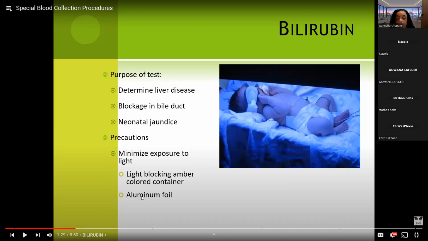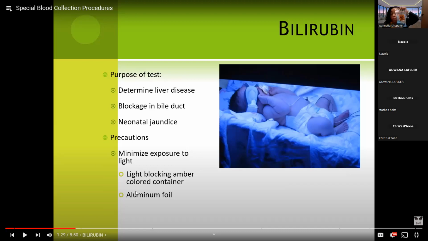It does say most people can protect it by wrapping it up in aluminum foil, but that's more of the olden days. Now they have amber colored lab bags. I actually don't have any amber color, so I may have to figure out how I can get those.